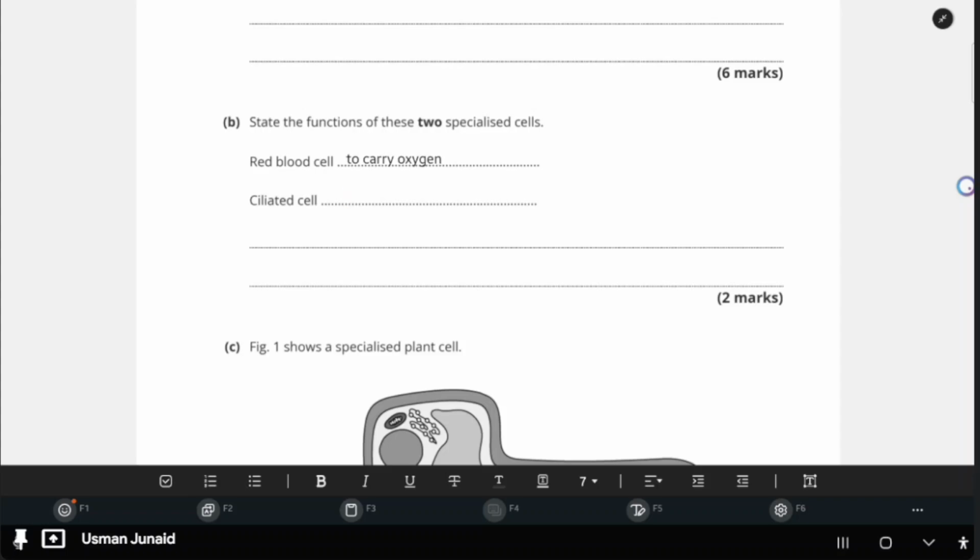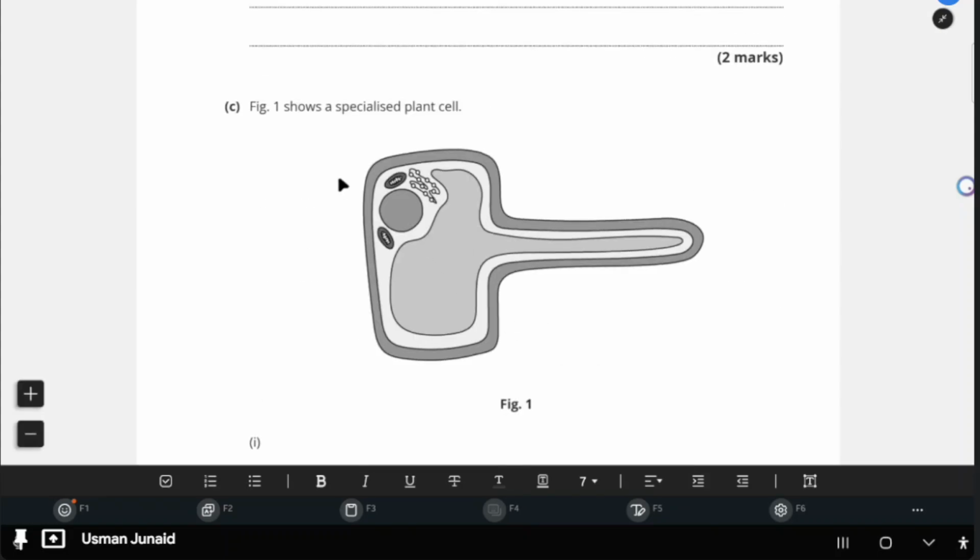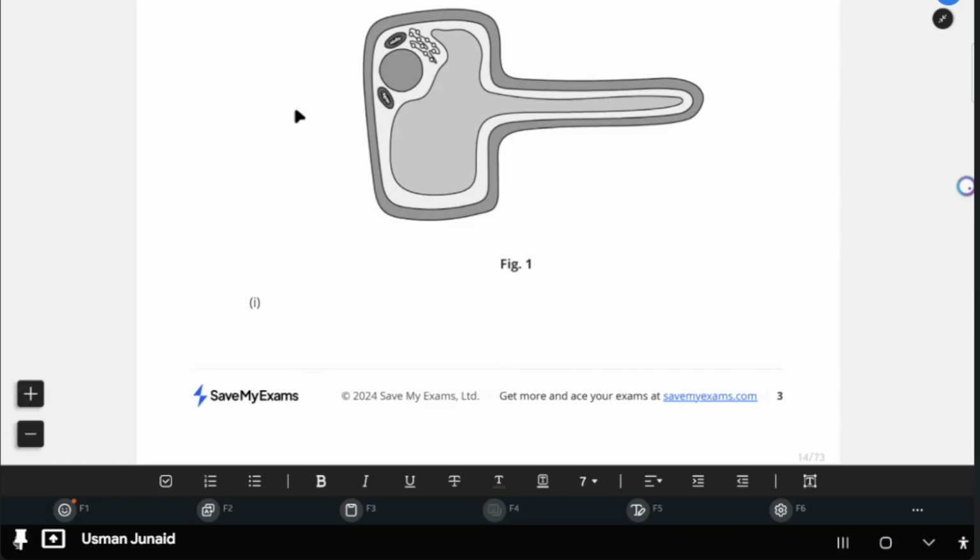It helps to move mucus in the airways. Okay. So, figure 1 shows a specialized plant cell. What cell does this look like?